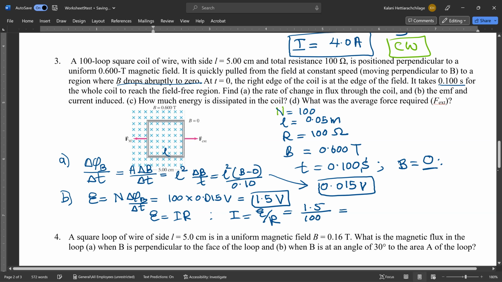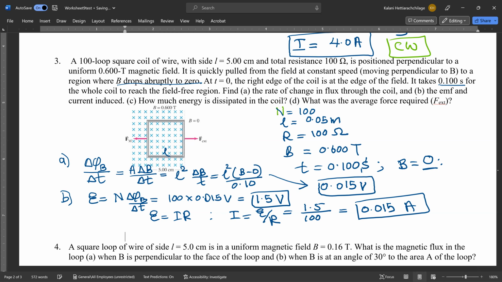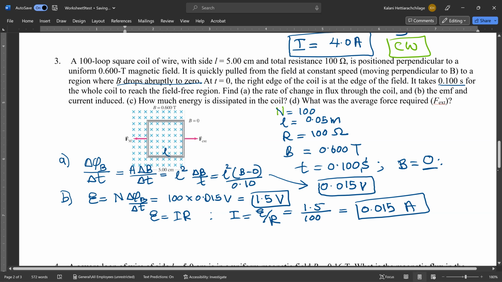That will give me 0.015 amps. Okay, that will be my part B.